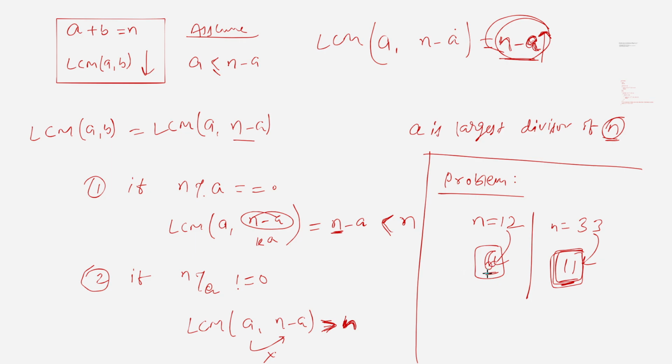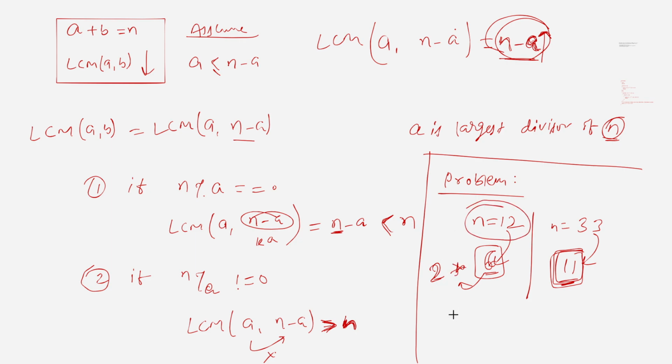Can you say it is the complement of the smallest divisor? Like what is the smallest divisor of 12 other than 1? Yeah, 2. So the complement of 6 is 2, for n equal to 12.